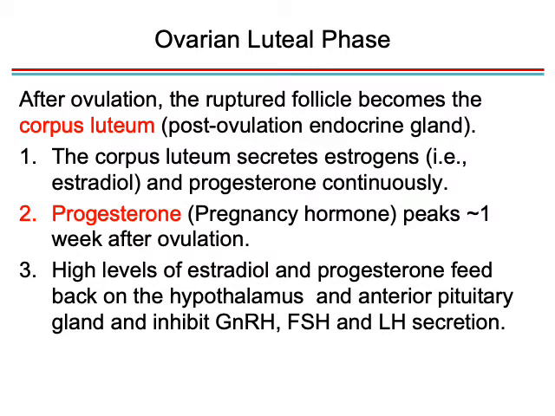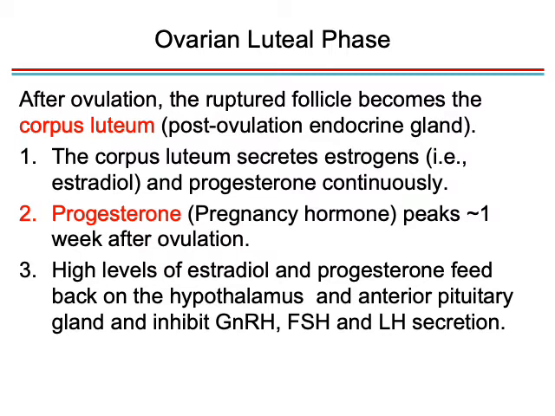Again, that secondary follicle that has just released the secondary oocyte during ovulation alters its shape, alters its function, alters its color to become what is known as the corpus luteum.